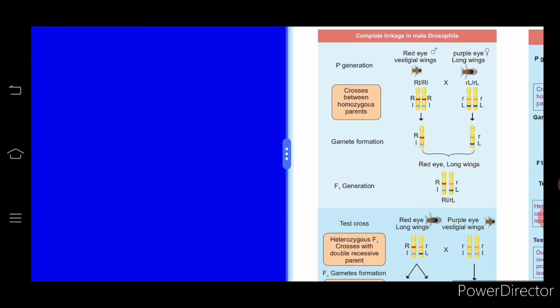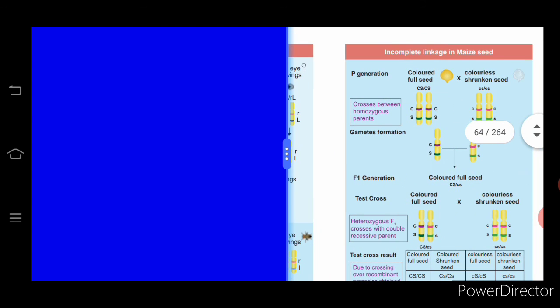I think you have understood what is complete and incomplete linkage, what are linked genes, how recombination occurs by crossing over, what is a sister chromatid and what is a non-sister chromatid. We shall continue learning about crossing over in the next class.